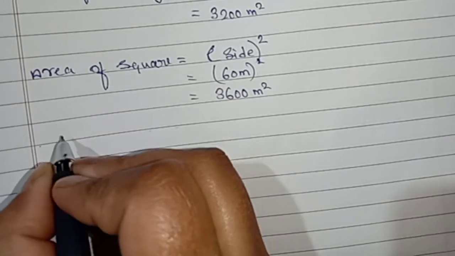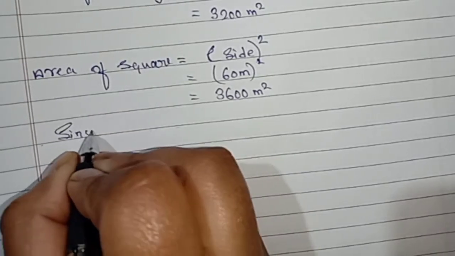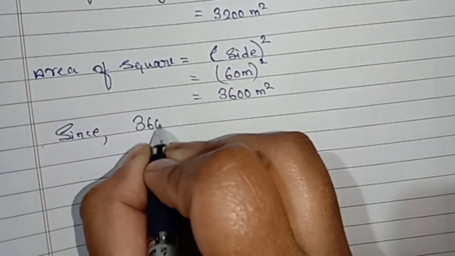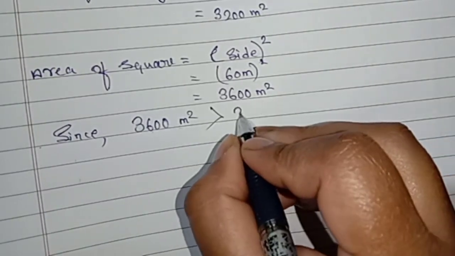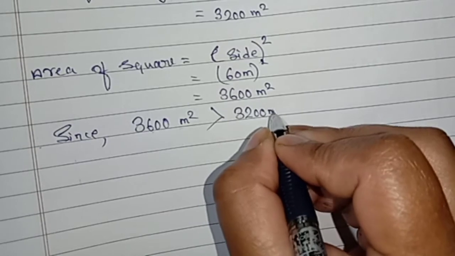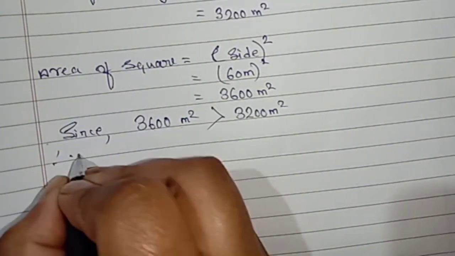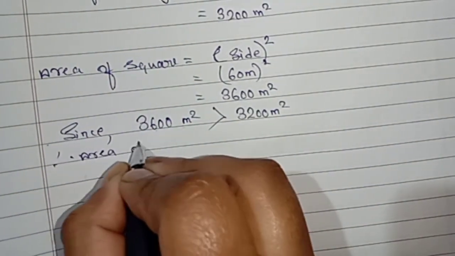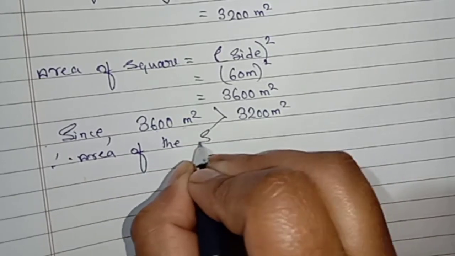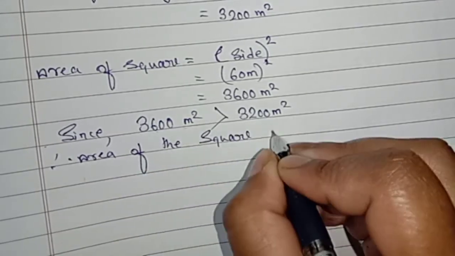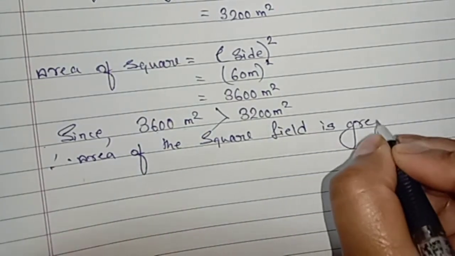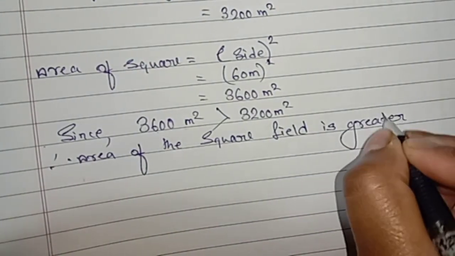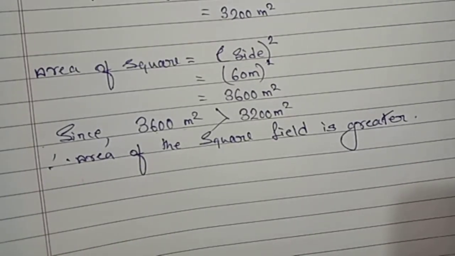Since 3600 meter square is greater than 3200 meter square, therefore the area of the square field is greater. So this is solution number 1.